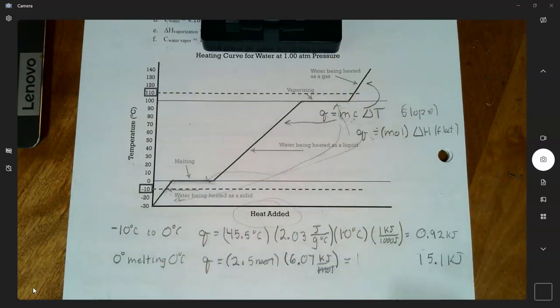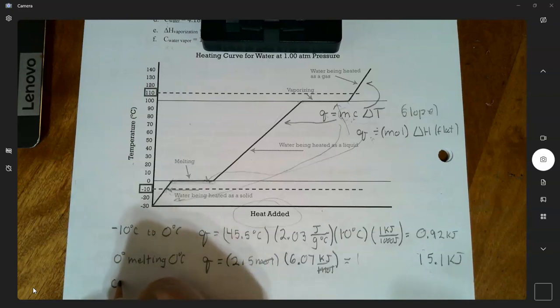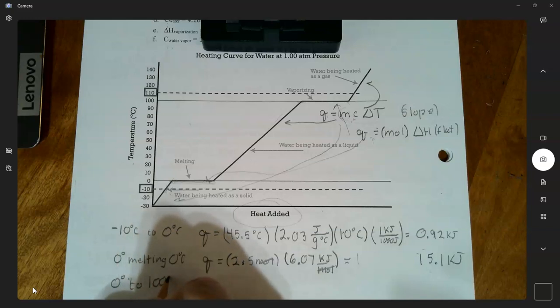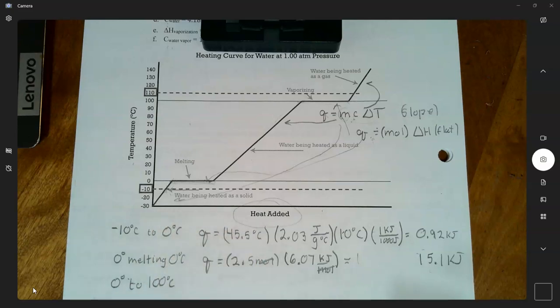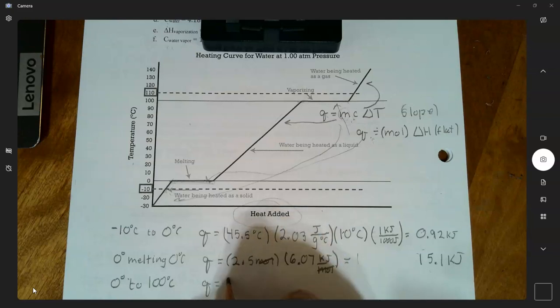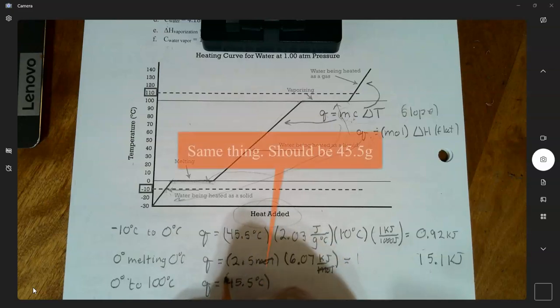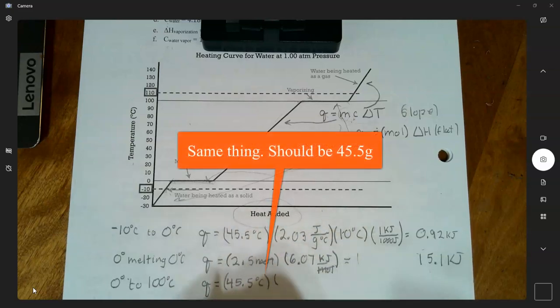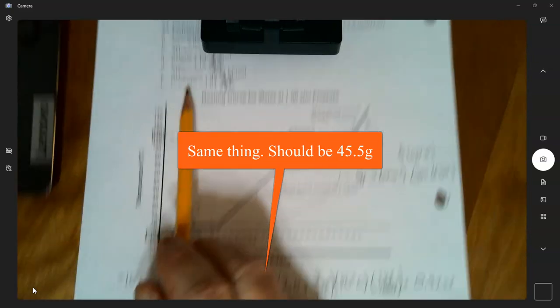All right, now we are going from 0 degrees to 100 degrees. So the water is liquid this entire time, but it's getting hotter and hotter. We go back to the slope formula, mc delta T. And now we have to get the specific heat of water, which we've used many times before.